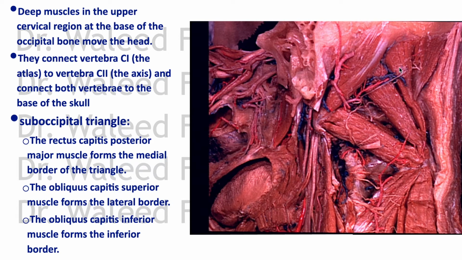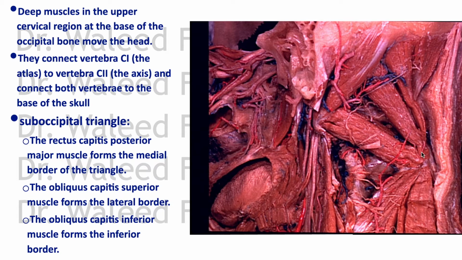And on the medial side, the medial border is formed by two muscles. As you can see here, this is the big one. It's called the rectus capitis posterior major. And besides it, near the midline, is the rectus capitis posterior minor.